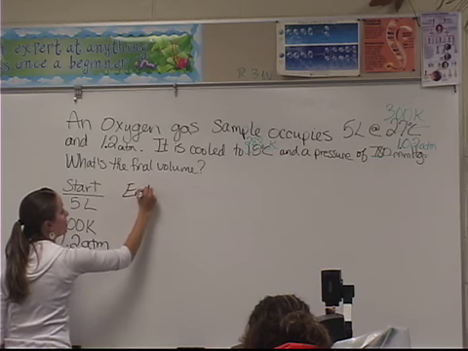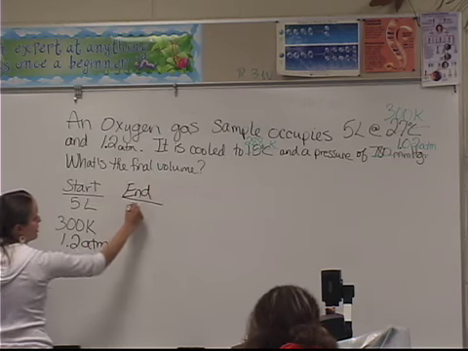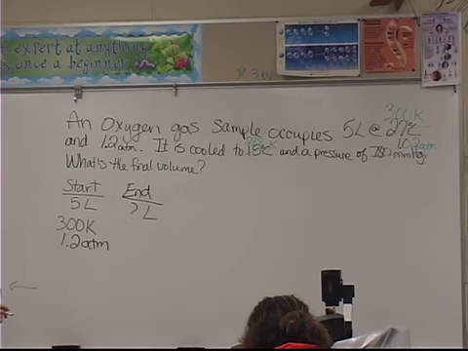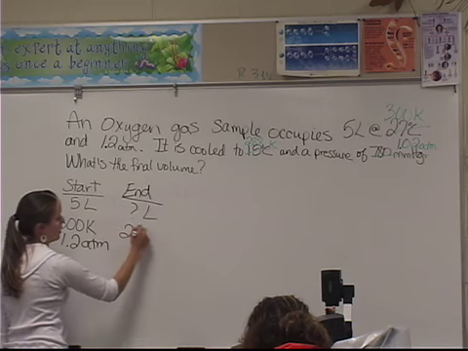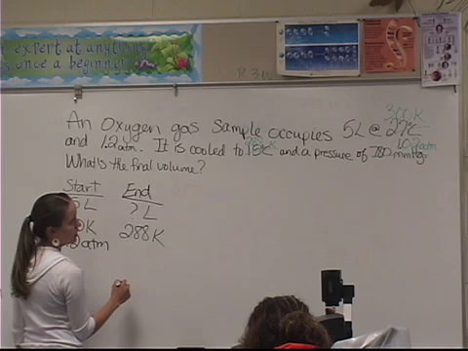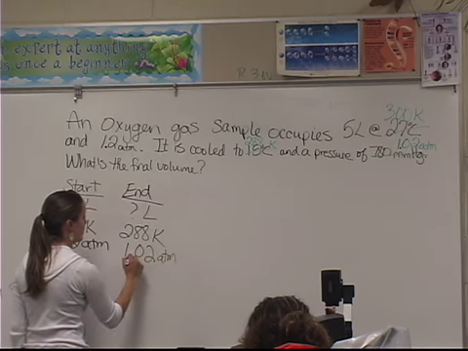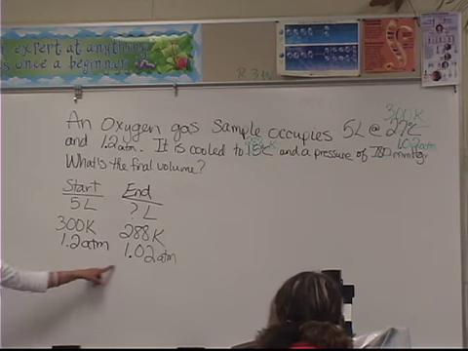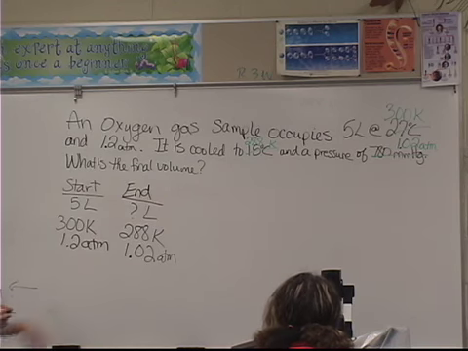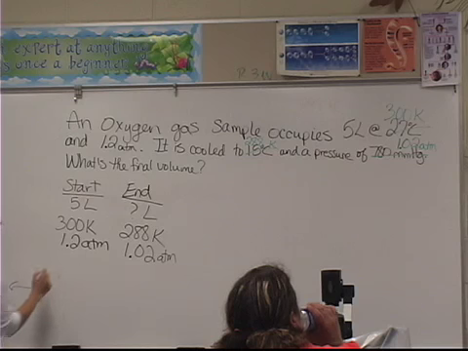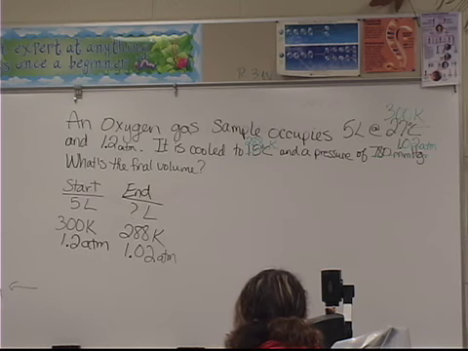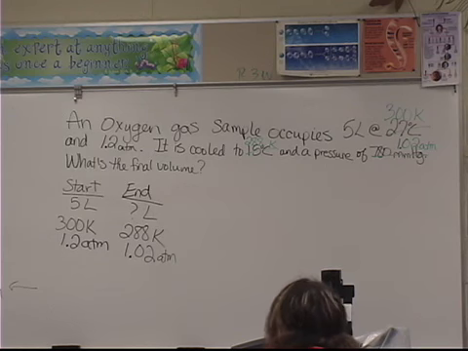And we are ending with, we don't know the volume, that's what we're going to find, and 288 Kelvin and 1.02 ATMs, which I could see someone easily screwing that up because they're so close. Is anyone confused about where I'm getting the start and end stuff from? People in the past have been confused by that.